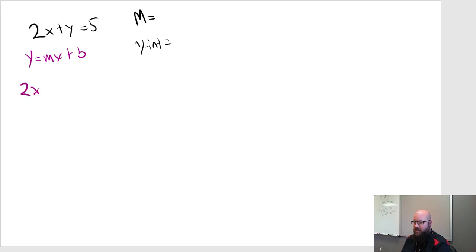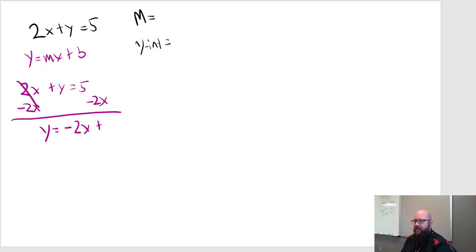So you had 2x plus y equals 5. Well, we want to get y by itself on one side, so let's subtract 2x from both sides. Again, the 2x's over here on the left go away, and you're left with y equals, and I'm going to put this -2x in front there, so we already have it in the y equals mx plus b format.